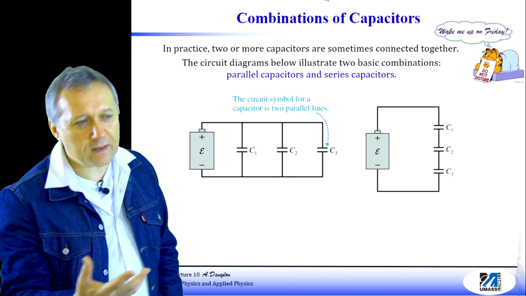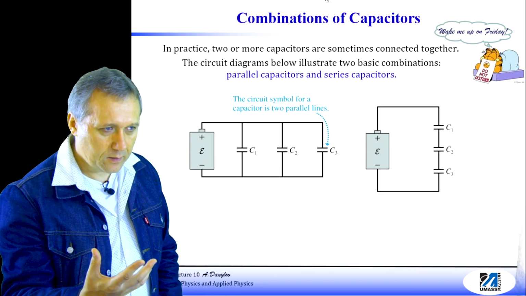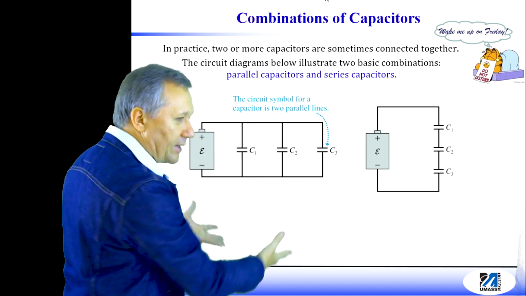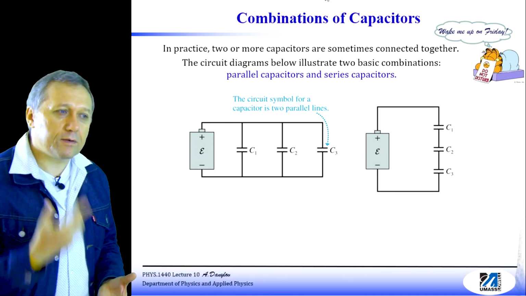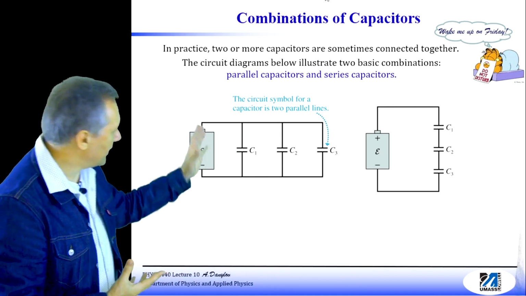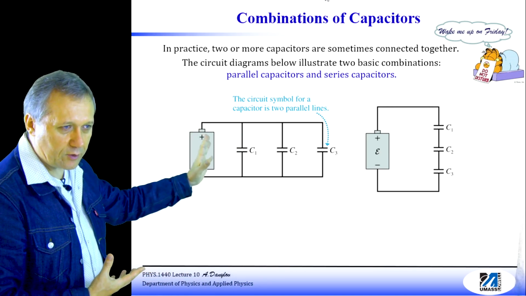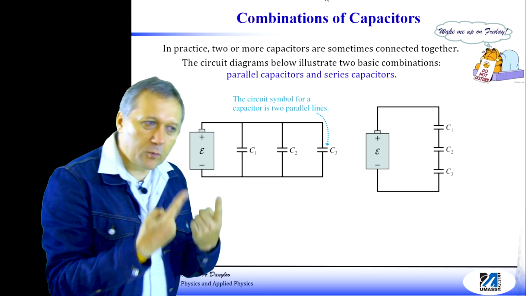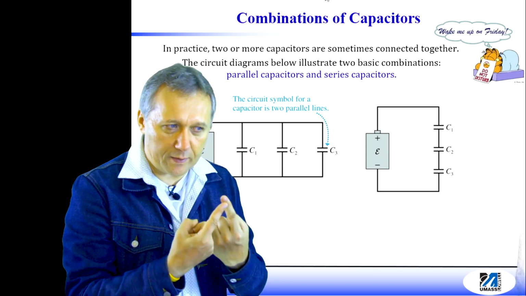And when you replace this bunch of capacitors with a single capacitor, the rest of the circuit, in this case just a battery, must work in exactly the same way.